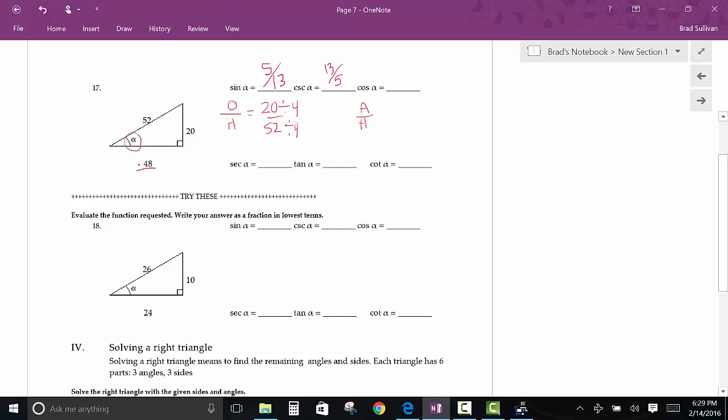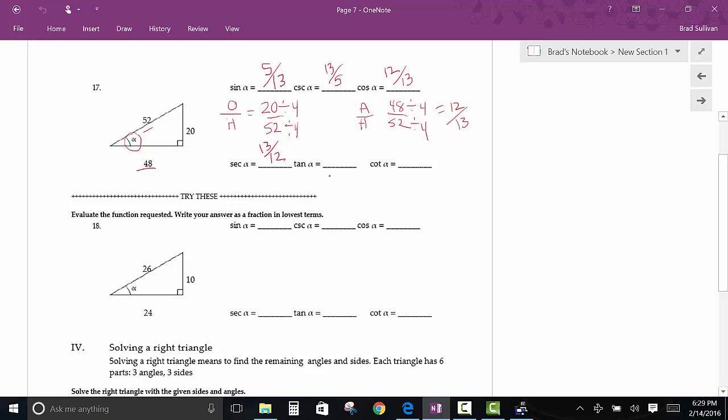The side adjacent is this. The hypotenuse is 52. So you'd end up having 48 over 52. And then you can reduce that, I think, also by 4. So if you divide both of those by 4, you're going to get 12 out of 13. So the cosine ratio is 12 out of 13. That means the secant is going to be 13 over 12.